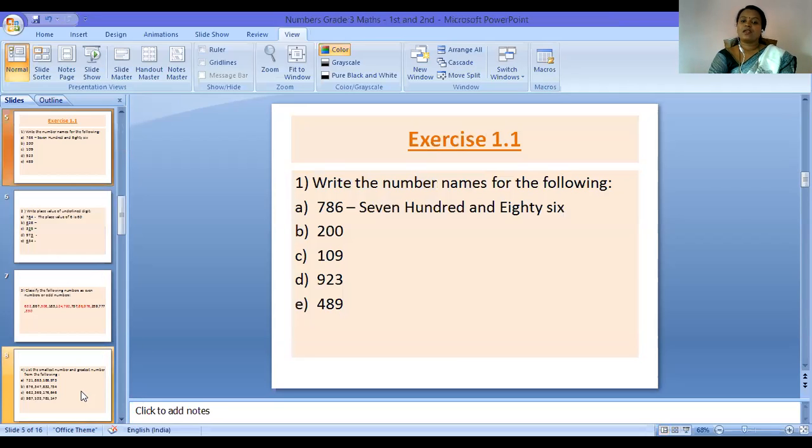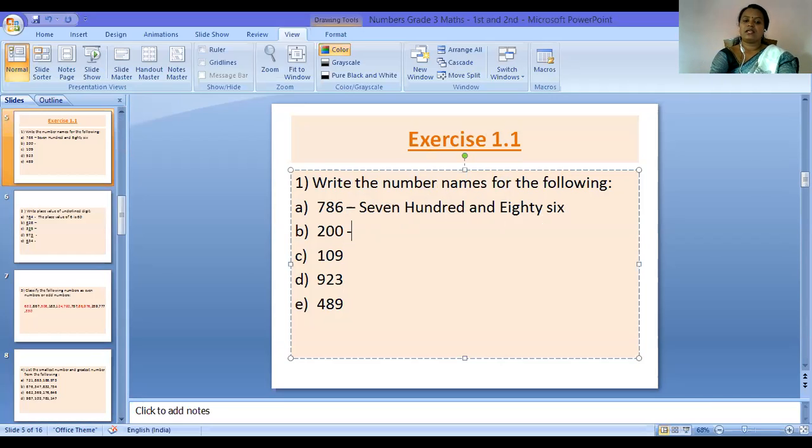Right? So let us exercise a few of the questions here as given. 786. The number name for this is seven hundred eighty-six. The second one, can you just guide me? Yes, it is 200.